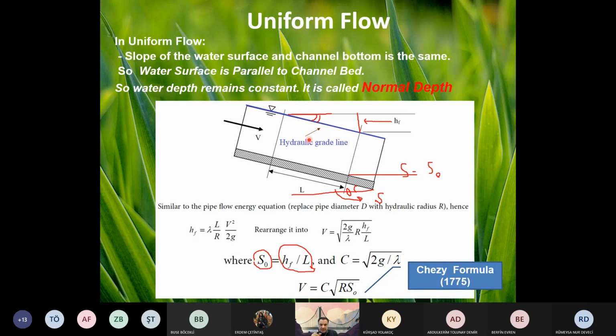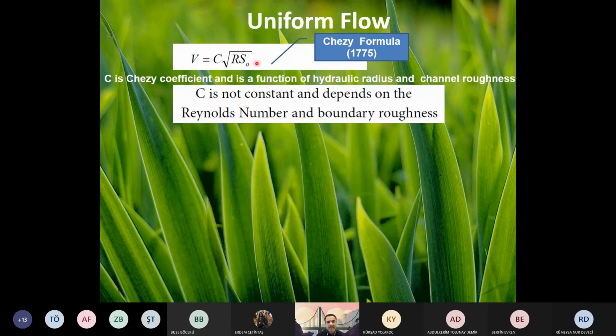If you calculate for a pipe, it gives you exactly R. So R is our hydraulic radius, and we have S0, which is the slope of the channel. R and slope are at hand, they are known. C is unknown because we don't know lambda. Therefore, using the Chezy formula, as shown again here, we can calculate velocity of flow in uniform channels.